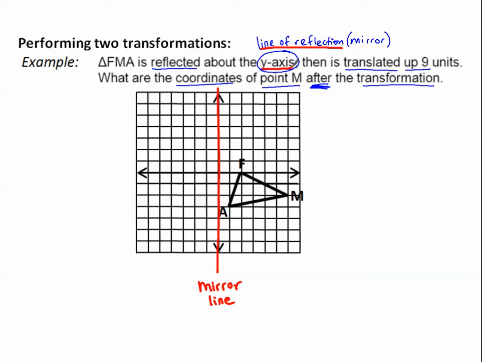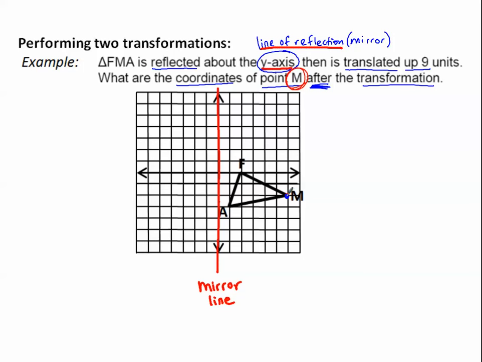So let's look at where each of these points are, A, F, and M. Now, we don't actually have to reflect the entire triangle because notice this problem is only asking about point M. Let's focus then just on point M. Here's point M of our triangle. Focusing on that, where is it located in relation to the line of reflection?